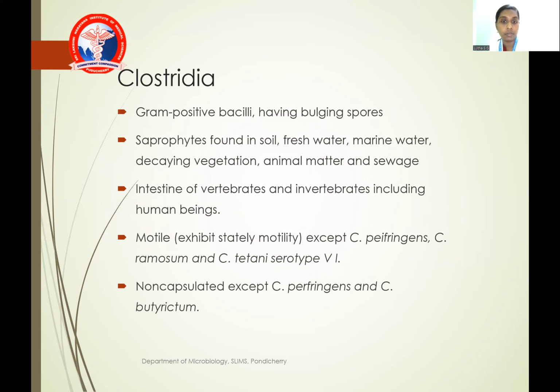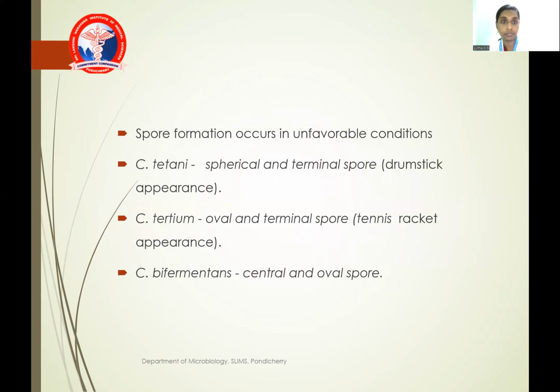Clostridia, most of the organisms are motile and non-capsulated, except the Clostridium perfringens, which is non-motile and capsulated. They are gram-positive bacilli having bulging spores, and they are seen as saprophytes in the environment and also as common flora in the intestine of vertebrates and invertebrates.